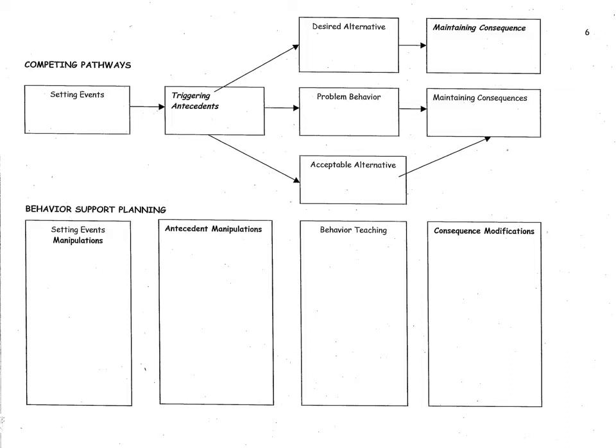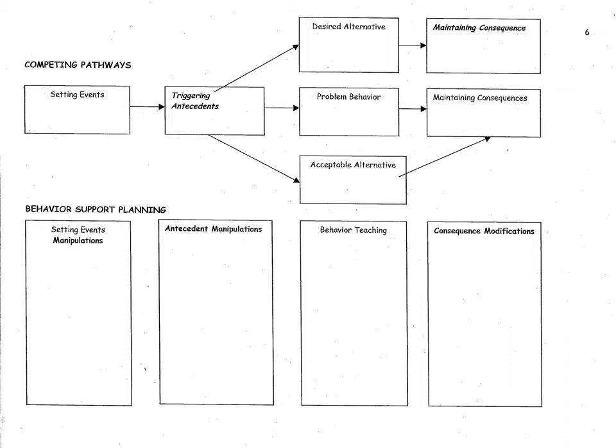Let's say the problem behavior is screaming, and the function was to escape the task. Then acceptable alternative behavior could be asking for a break, or if the student is nonverbal, then he can show the communication card saying I need a break. Then that can be alternate behavior, right?